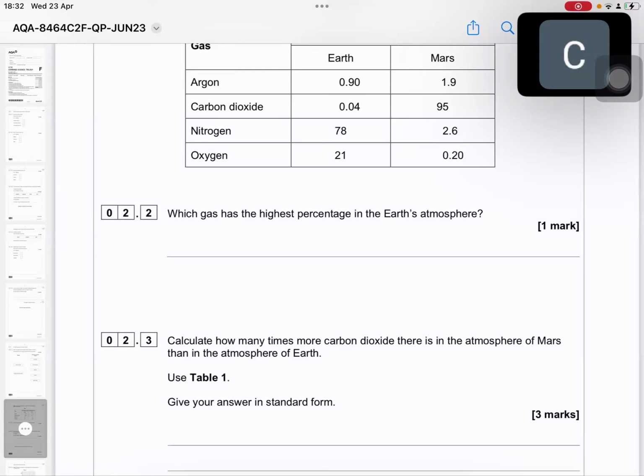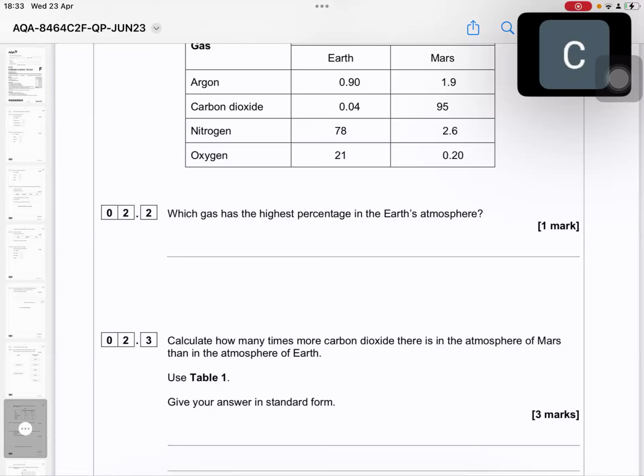Let me just confirm it. I'm dividing 95 by 0.04. Yeah, it's exactly 2,375 times. So yes, that's correct.